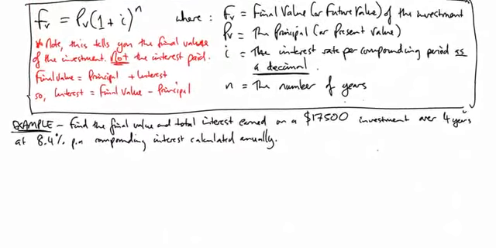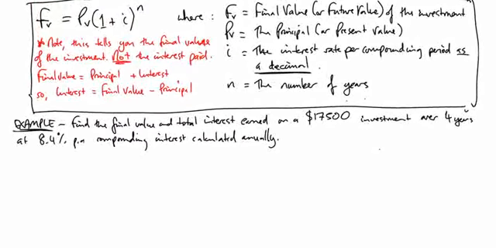So it is the exact same question, but we're going to do the formula shortcut. I've shown you the long way so that you understand how compound interest actually works, but the short way will save you a lot of time. So this question is, find the final value and total interest, exactly the same, on 17,500 over 4 years at 8.4%.